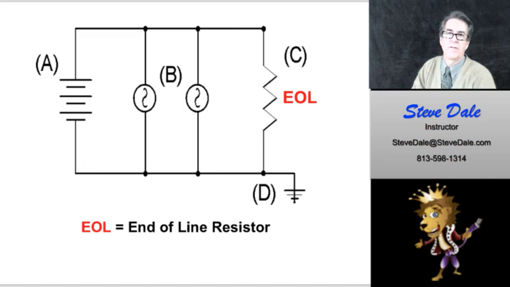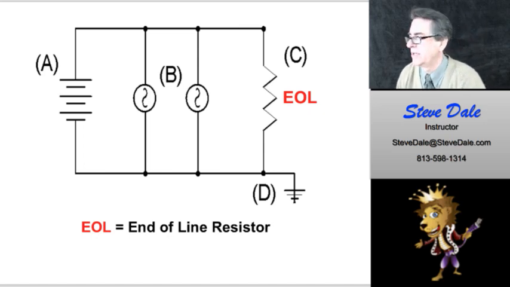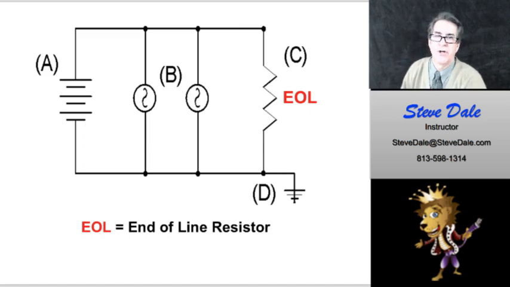And so that if the wire is cut, the panel knows that it's been cut, and then it can send out maybe a trouble signal or some kind of audible signal, enunciating that there's a trouble condition on the circuit for whatever reason. So that has been on the exam before. That circuit there with that resistor at the end of the line, that's called the EOL, end of line resistor.